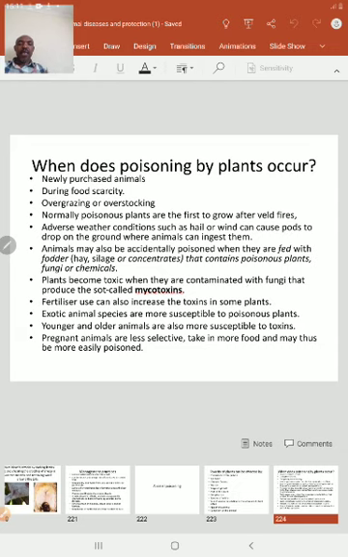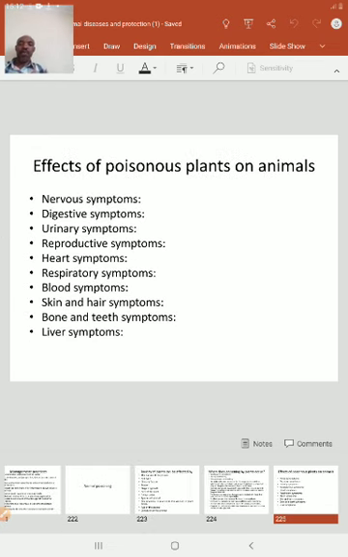The animals may also be poisoned when they are fed with fodder or feed that contains poisonous plants, fungi, or chemicals. They become toxic if fungi produce a rot called mycotoxins. And even fertilizers can cause plant poisoning.